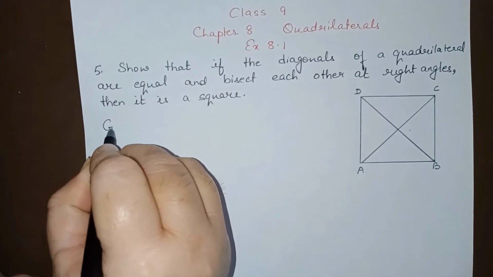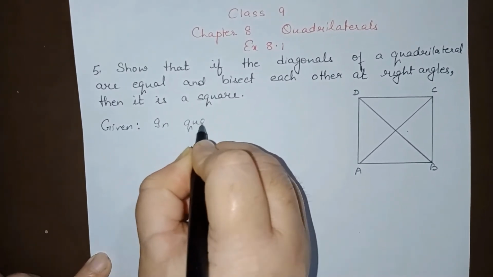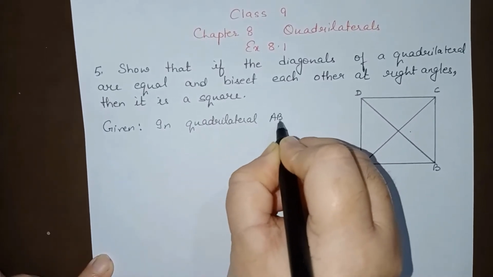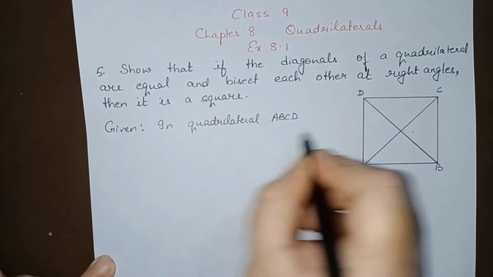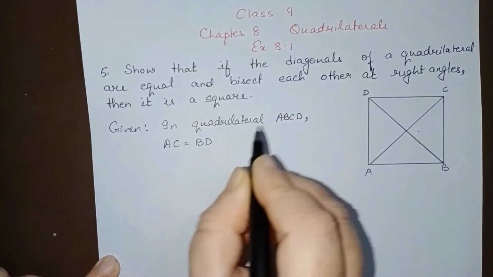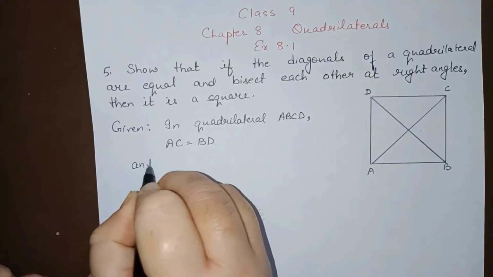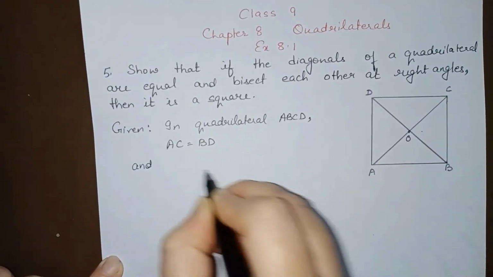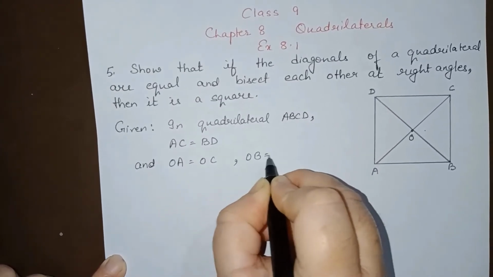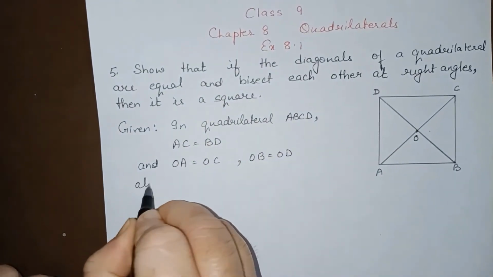So let us write this. It is given that in quadrilateral ABCD, we have AC is equal to BD, that is diagonals are equal, and they bisect each other, that means OA is equal to OC, OB is equal to OD, and they bisect each other at right angles also.